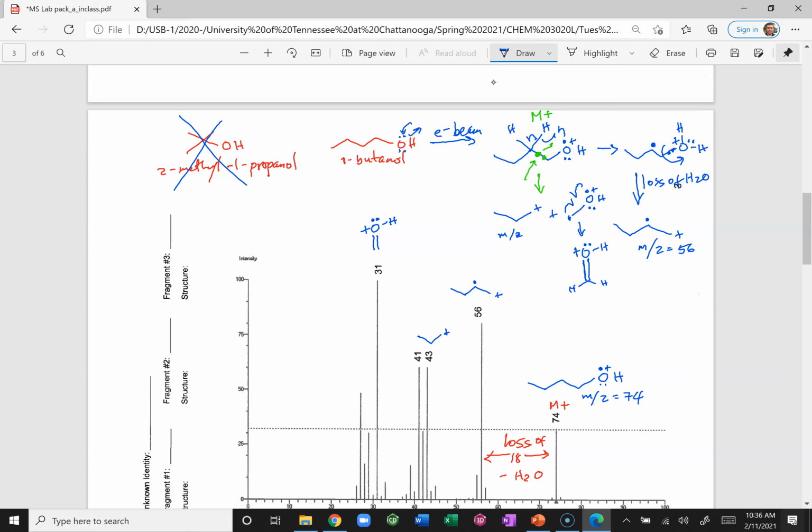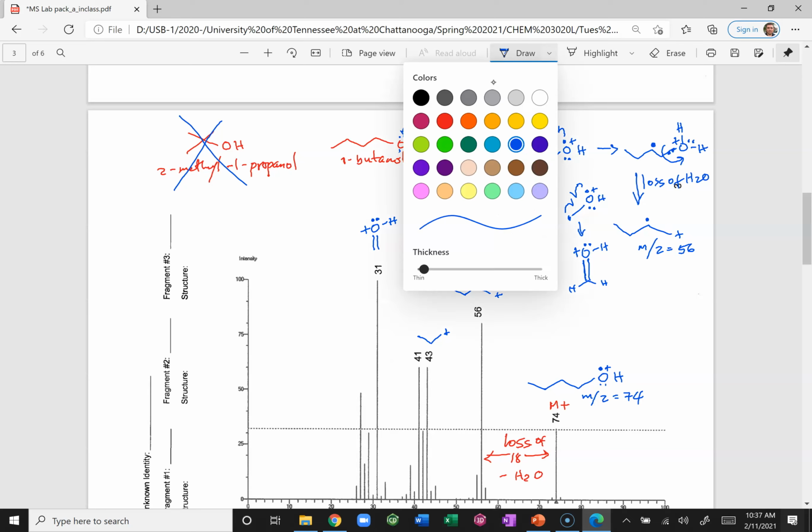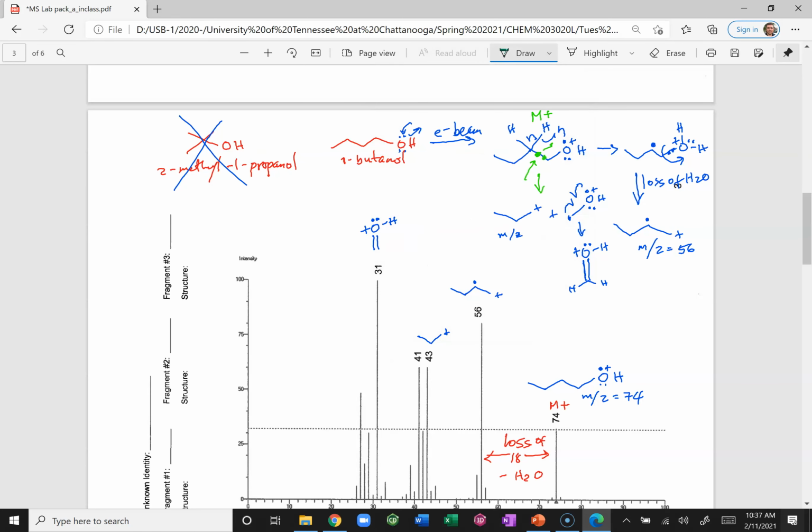I think I can find 41 too. Check this out. This is how you find 41. You can find 41. Let me find another pen color. You'll find it by taking this guy and doing an alpha cleavage.